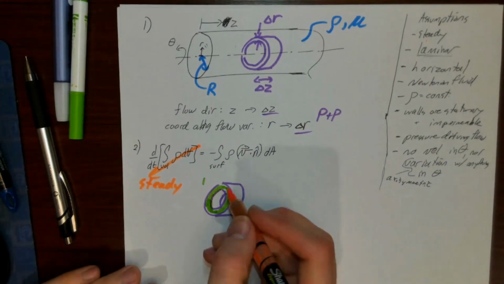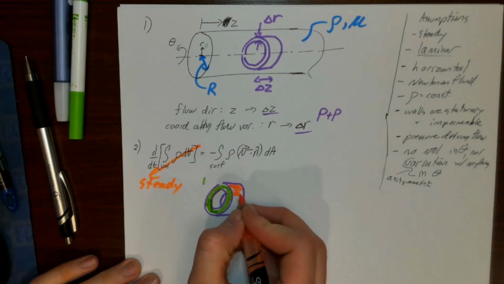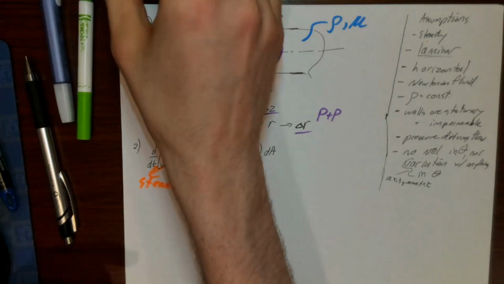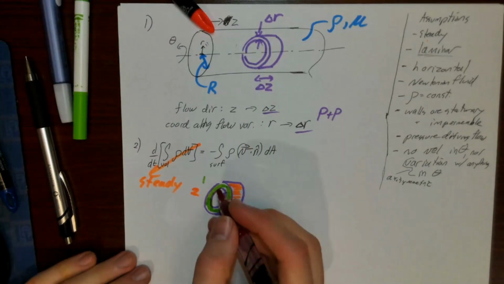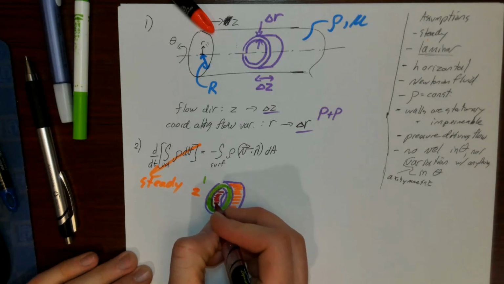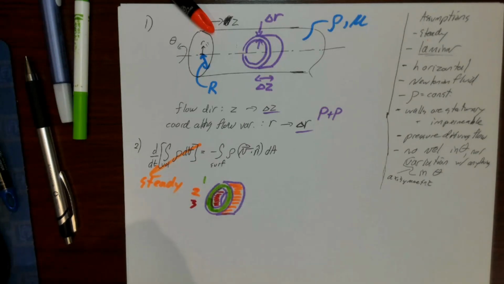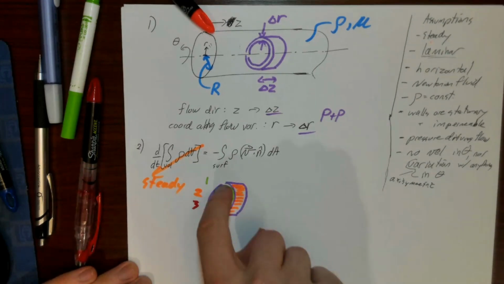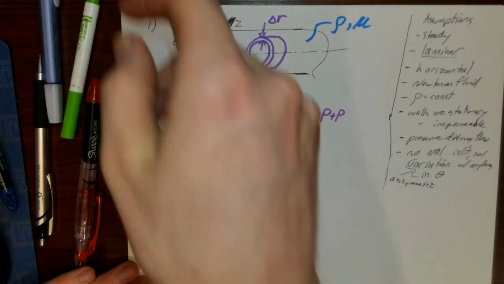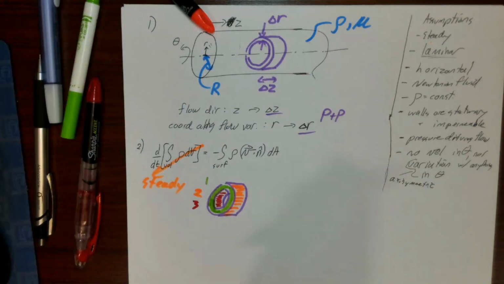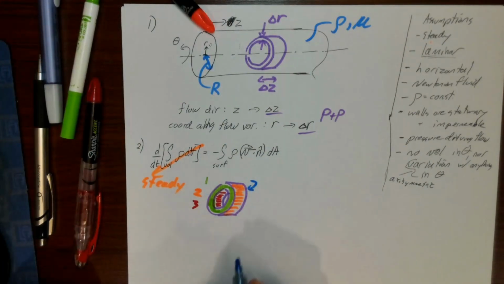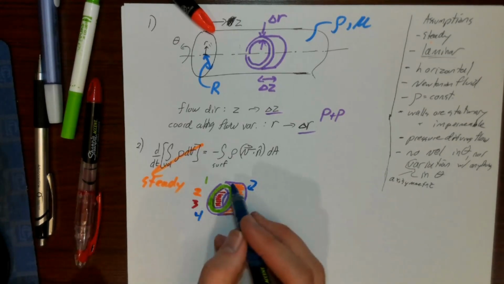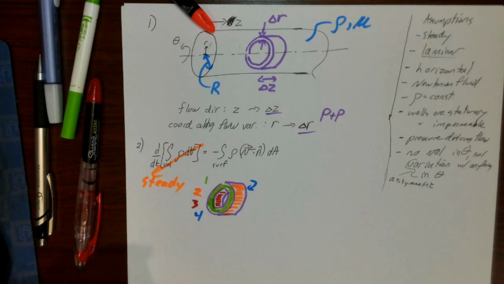This outer surface, we'll call surface 2. This inner surface right here I'll call surface 3. And not shown right here is the face opposite face 1, the downstream face, which is surface 4. So basically I can break up my control volume into these 4 surfaces.